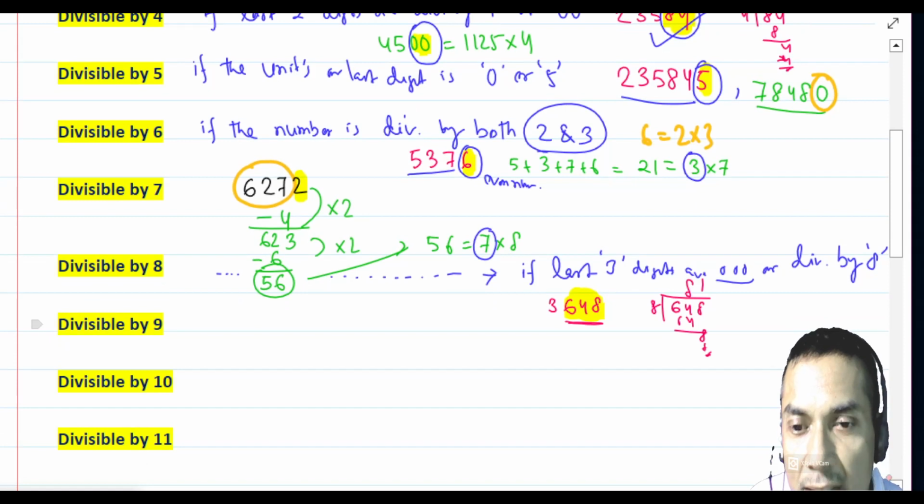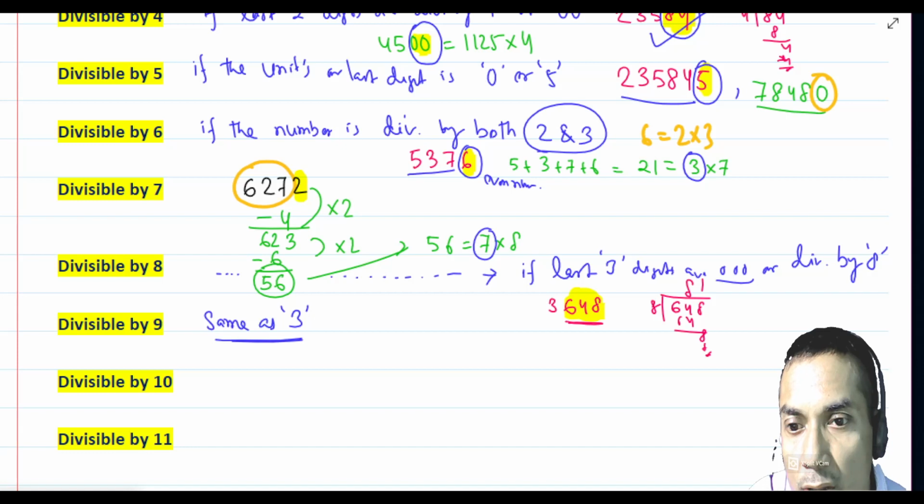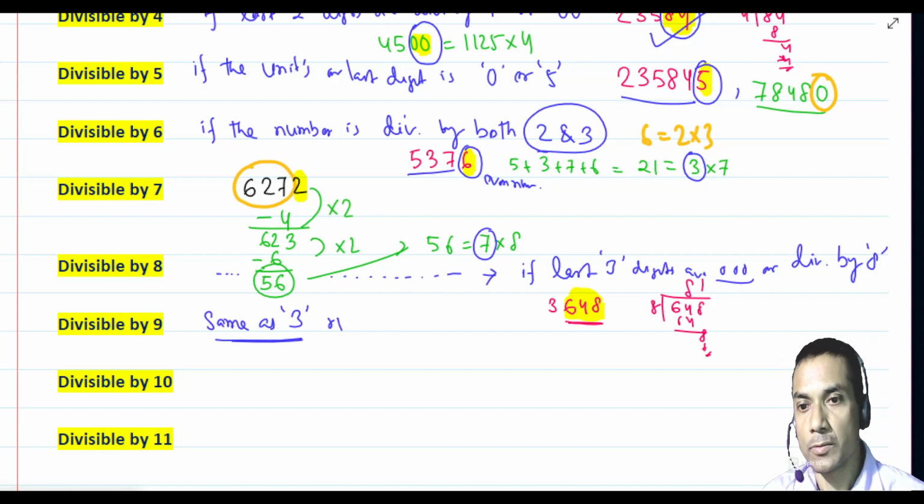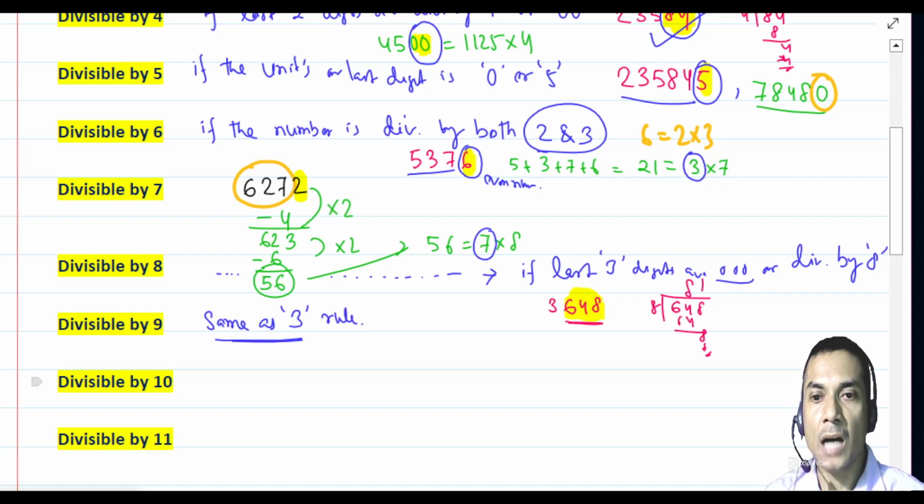Next, divisibility by 9. Divisibility by 9 is the same rule as for 3. So if the sum of the digits is divisible by 9, then the number is divisible by 9. Clear? You have to do the sum.